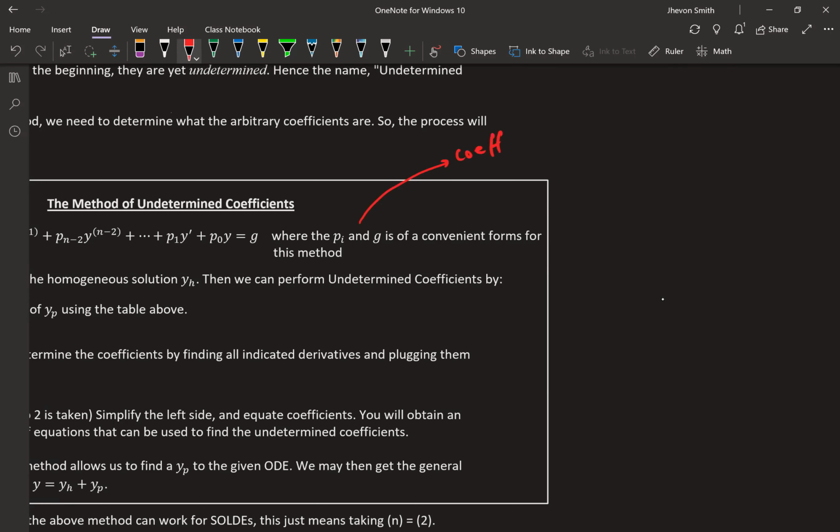Coefficients are constants, and G has the form, and G has one of the forms in the left column of the above table.